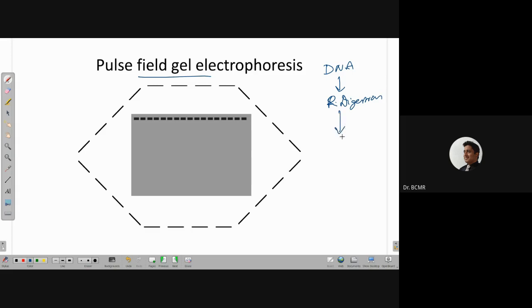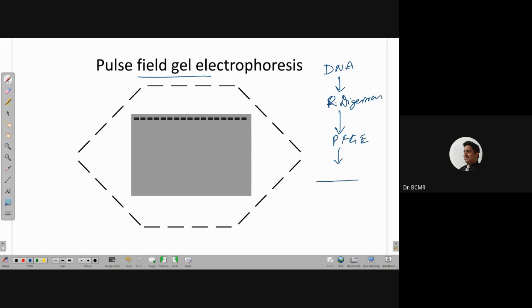And then we can do pulse field gel electrophoresis if we require, or a normal one also. It depends on the sizes that we are expecting. And then we will do blotting.